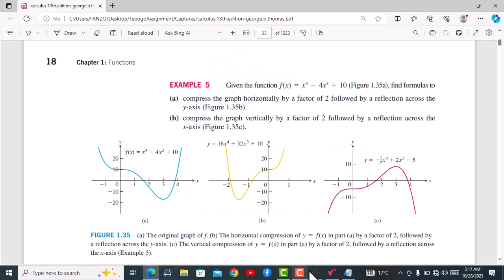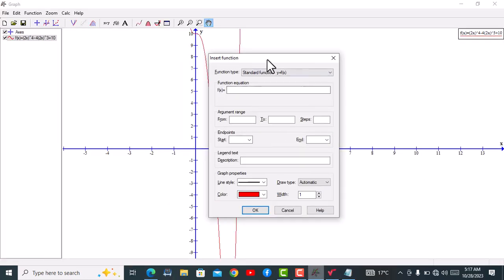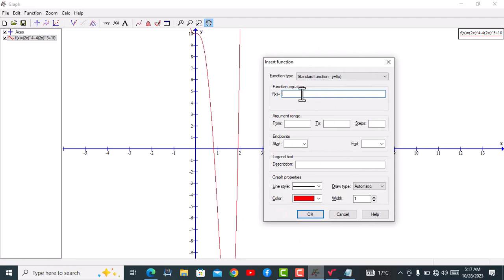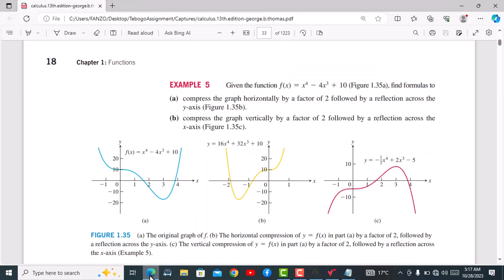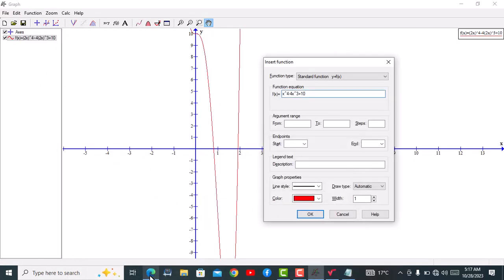Now let me just show you the original function very quickly. Now remember, the original function is x to the exponent of 4 minus 4x to the exponent of 3 plus 10.